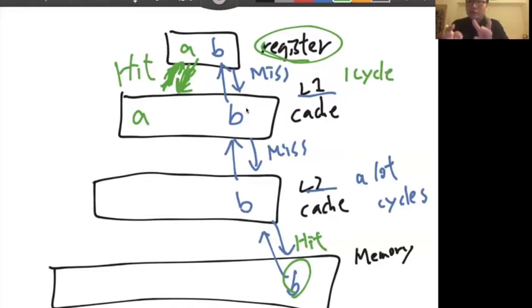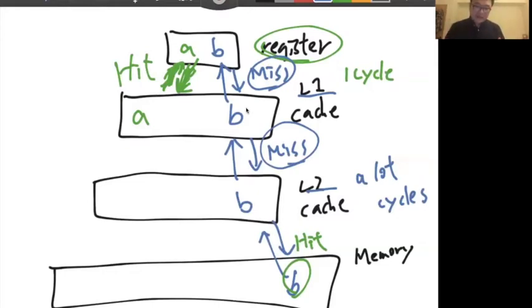If we want to find data in the cache but the data is not there, it is a cache miss. For the memory, because the data is in the memory, it's a hit. It's not a cache hit, it's a memory hit. This is the difference between hit and miss in a memory hierarchy.